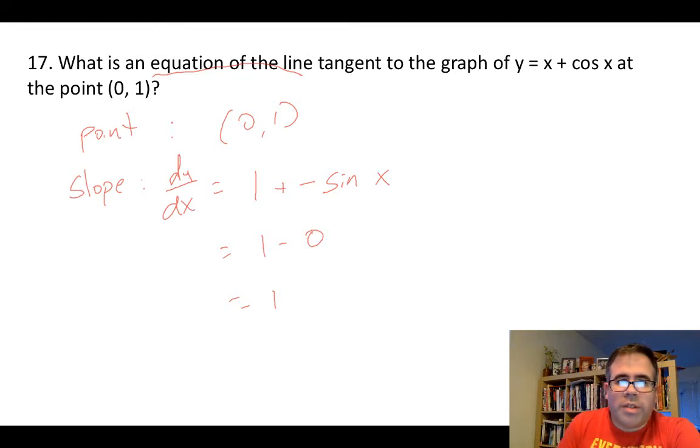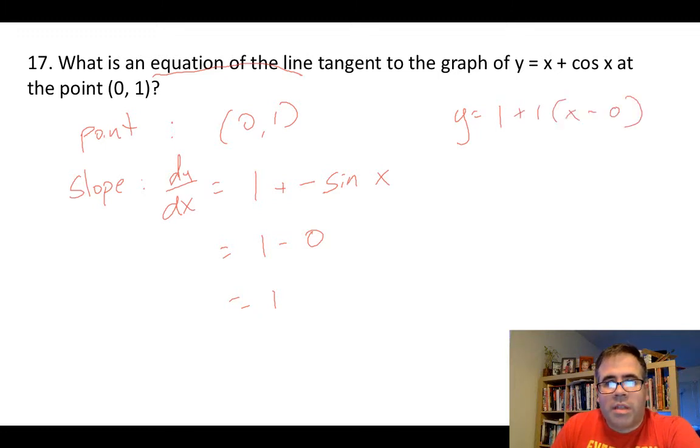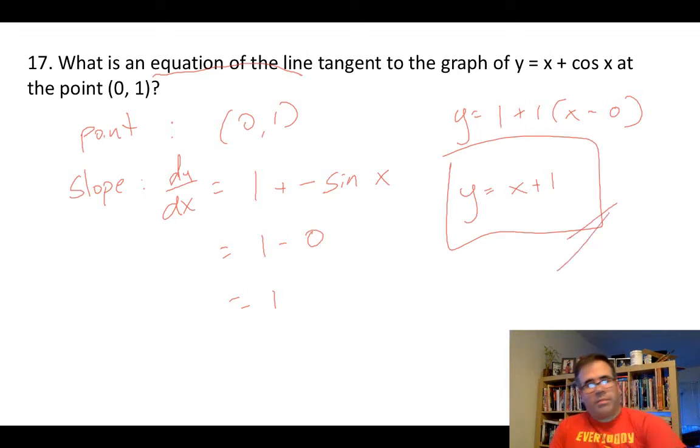So point is 0, 1, slope is 1. We'll start with point slope. We have y equals 1 plus 1 times x minus 0, which just becomes y equals x plus 1. Amazing.